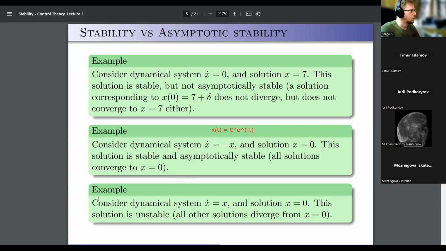Now, one more example. So consider the dynamical system x dot equals x and solution x equal to 0. So this system is unstable. Why? Someone please tell me what is the solution to the system.